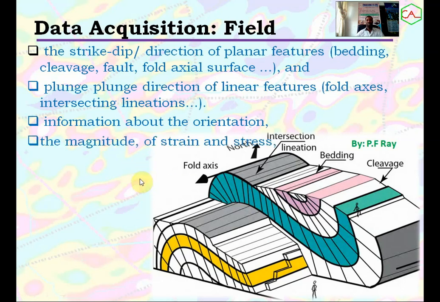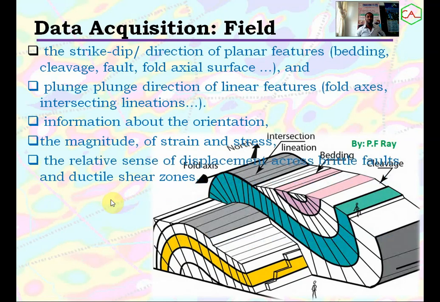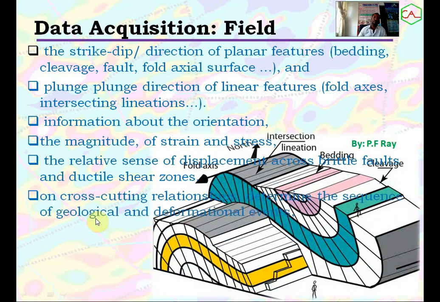The magnitude and the strain sometimes can also be gotten, where possible, in the field. So the relative sense of displacement across the brittle fault and ductile shear zone can also be acquired. Cutting across relationships you can also get from measuring some structures, the joints and the fractures in the field.